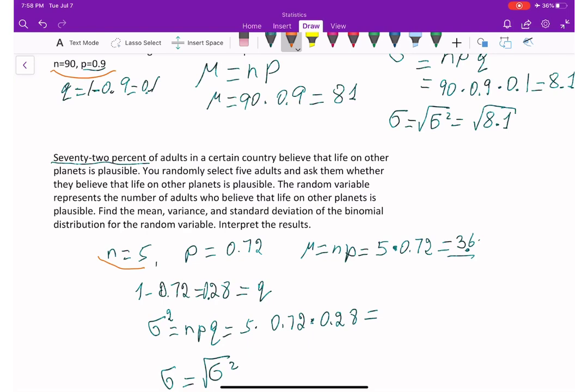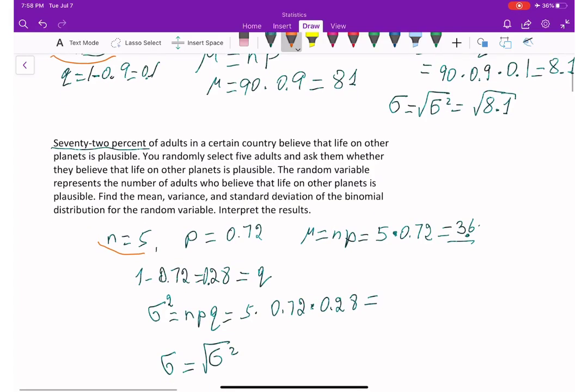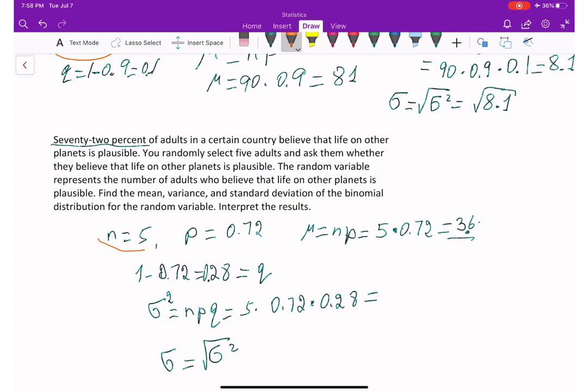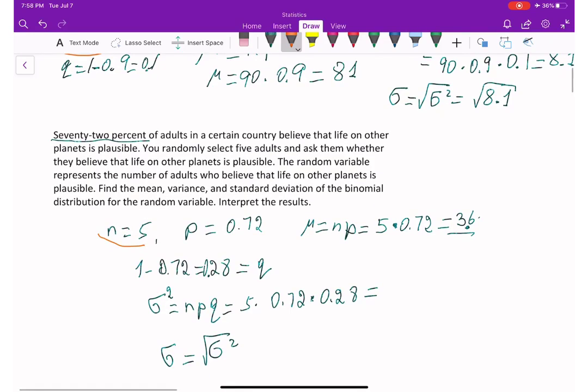The random variable represents the number of adults who believe that life on other planets is plausible. So, random variable, which means from 1 to 5.